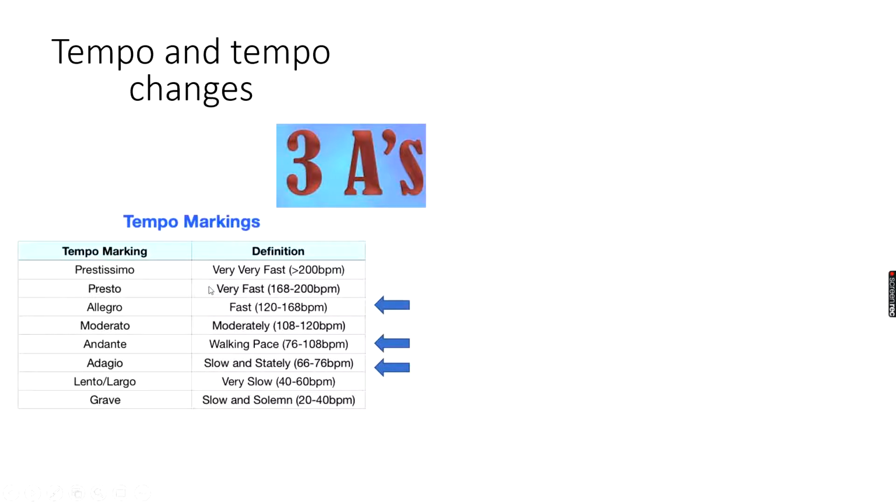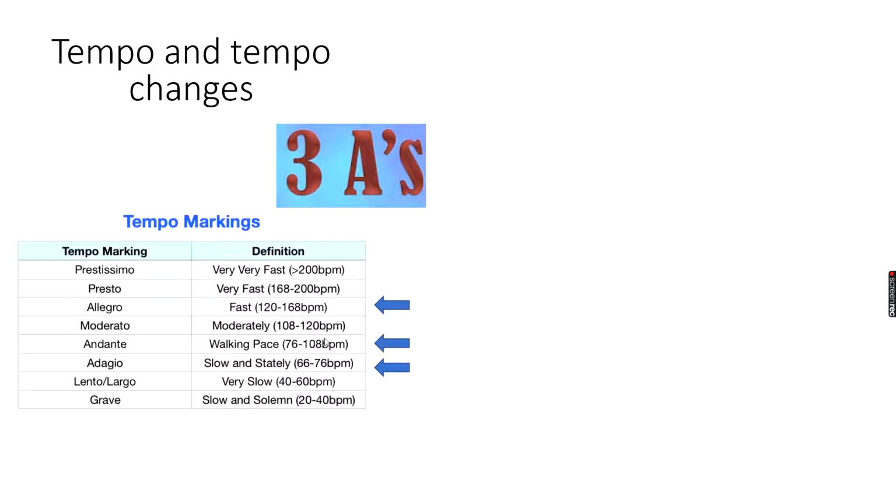So we have presto and prestissimo, which is fast and very, very fast. And we also have largo and grave, which does mean very slow and almost at a dead slow, like in the grave, if you think of it like that. It's sort of dead slow. But if we remember our 3 A's, we will be able to work out the tempo of that pulse.